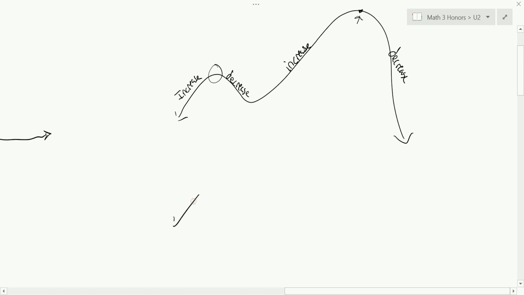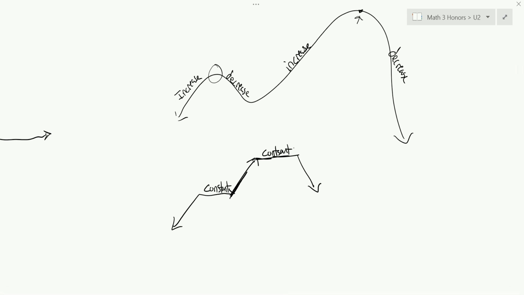If I have something like this, sorry, I didn't mean to put an arrow there. Okay, these are supposed to be constant right here. The constant would be it's not increasing or decreasing, constant here. How many relative maximums do you think are here?